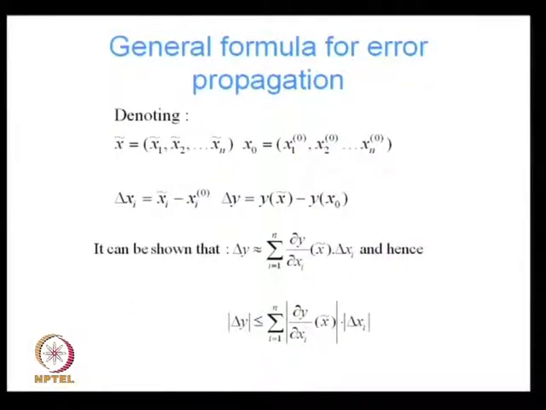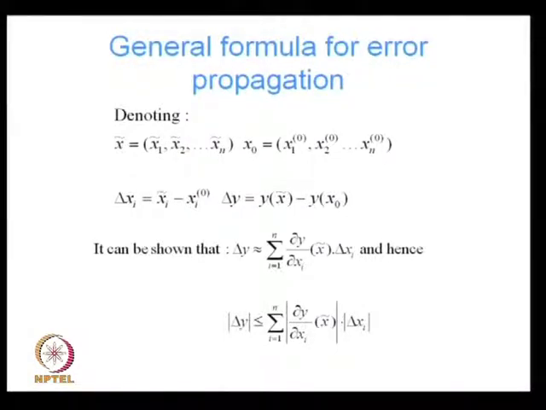It can be shown that delta y is approximately equal to the sum of the partial derivatives of y with respect to the independent variables xi, evaluated at the approximate solution x tilde, times delta xi. Since that is true, the bound on y must be less than or equal to the sum of the individual partial derivatives times the error in each of the individual variables.